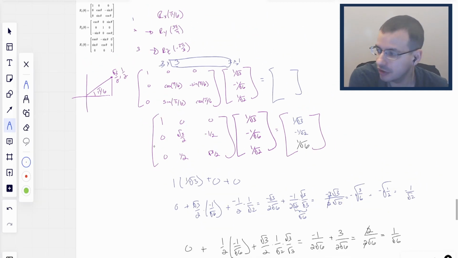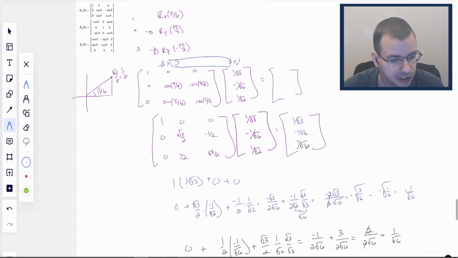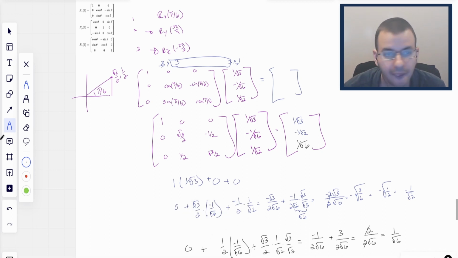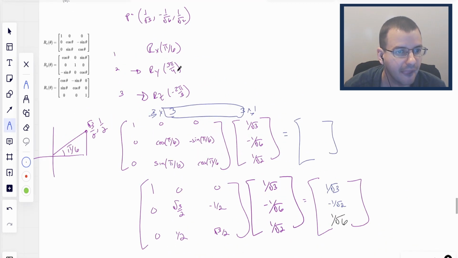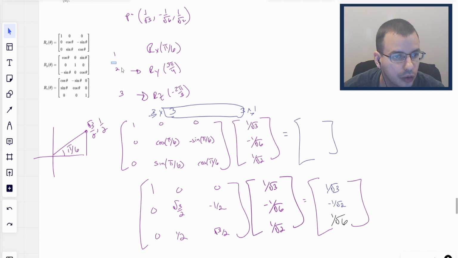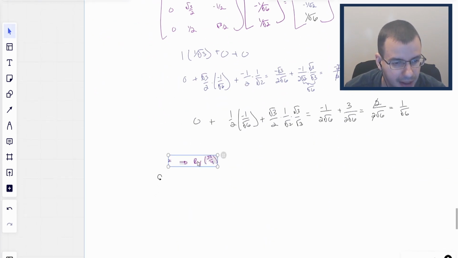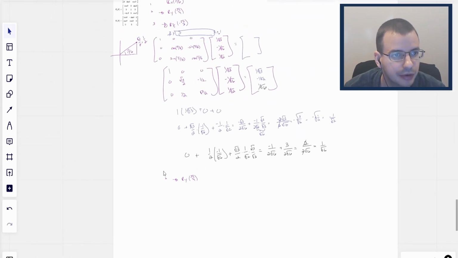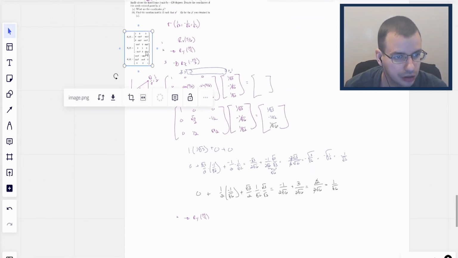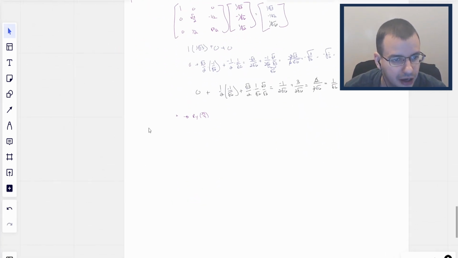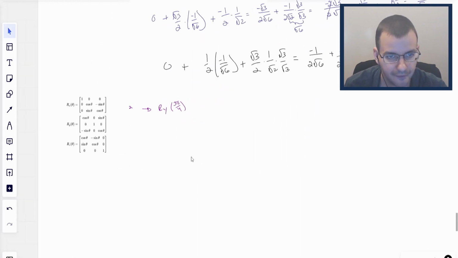So now we have on this, look at the next one real quick. For the next one, it's going to be 3 pi over 4. So I'm going to grab this, copy, paste 3 pi over 4, and I'm going to make a copy of the rotation.